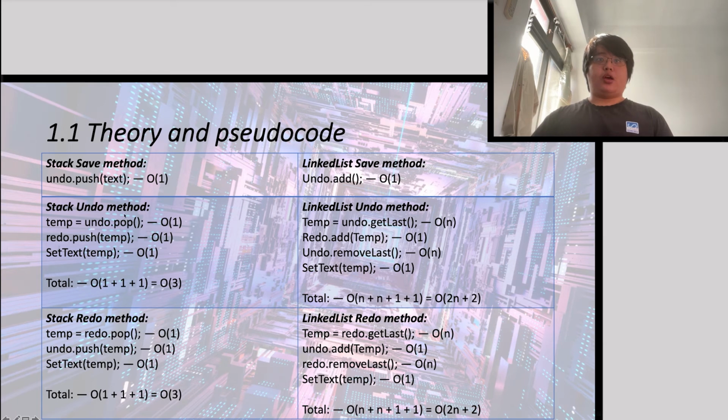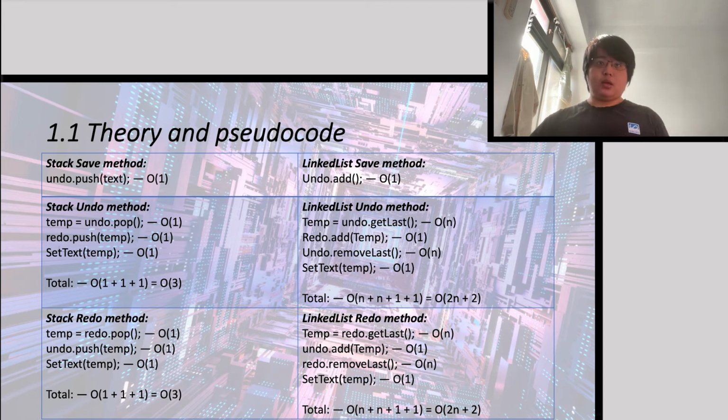As for the undo method, there are a few steps. The first step is we pop the data in undo and save it as temp, then we push the temp into redo, and the last one is to set text, letting temp become the text of the text field.